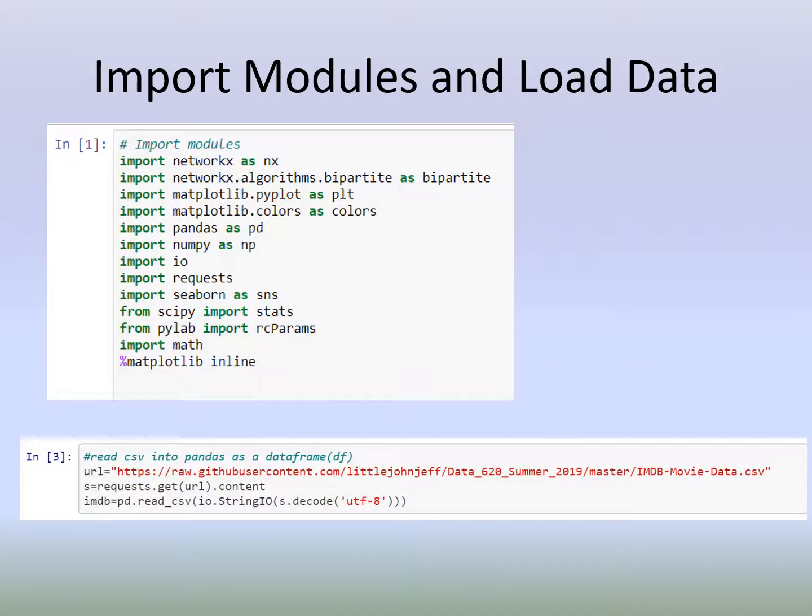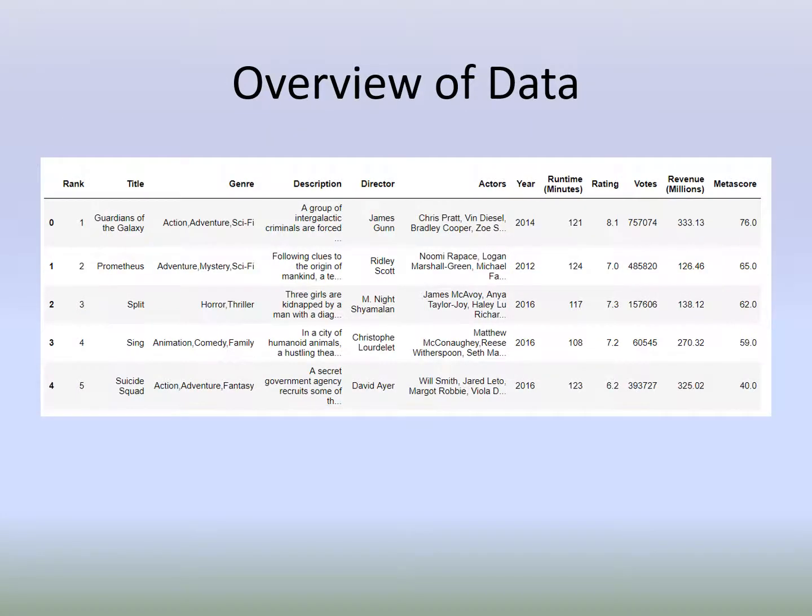First of all, we imported the modules and loaded the data. And then let's overview the data. We can see this data set has the title, genre, description, director's name, actor's name, year, running time, rating, votes, revenue, and meta scores.